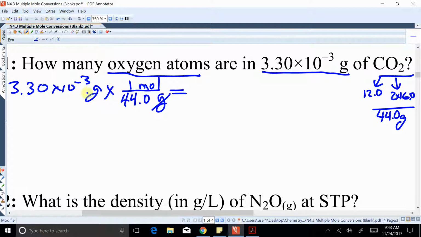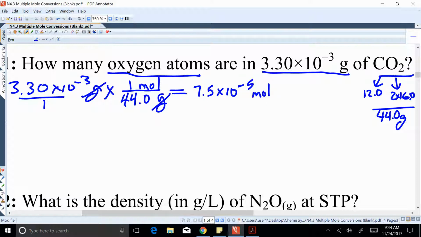That means that we will cross those out, multiply the tops. It's a whole number, so we can put that over 1, and we end up with 7.5 times 10 to the negative 5 moles.